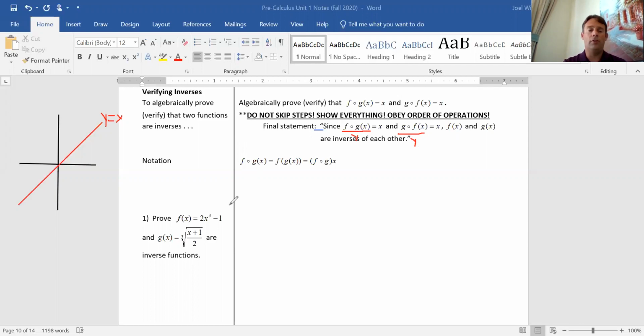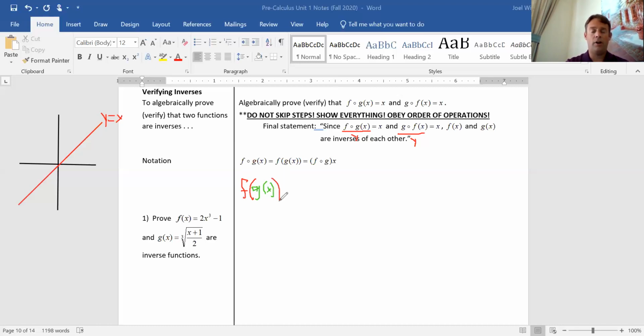So what I'm looking to do is prove that when I plug in the composites f of g of x and g of f of x, if they both equal x, then they actually are inverses of each other. So in other words, let's start off first of all with f of g of x. I'm going to take my g of x and plug it in for f of x.